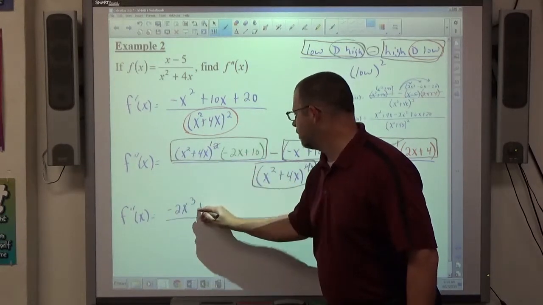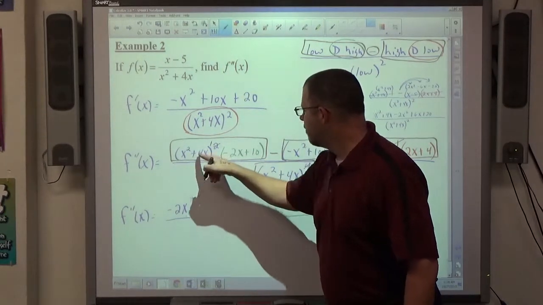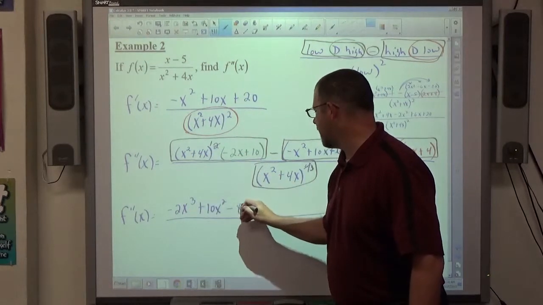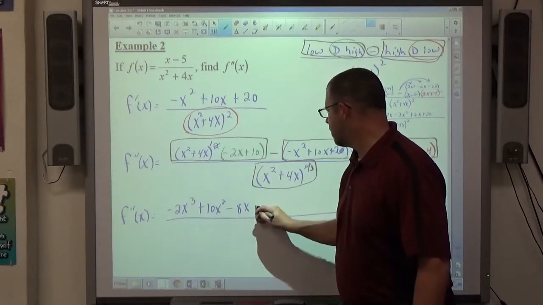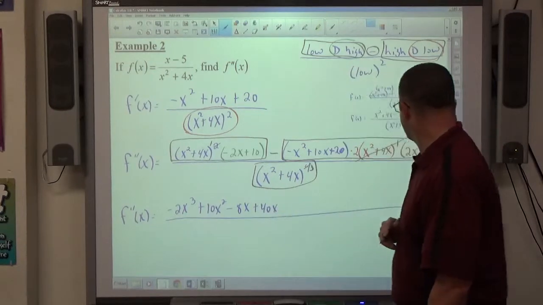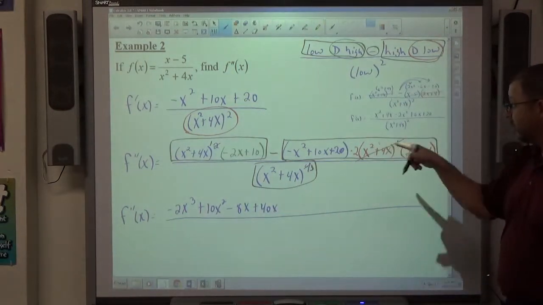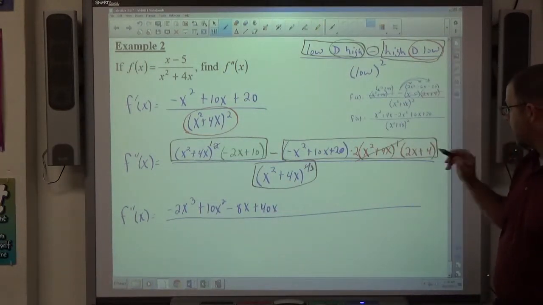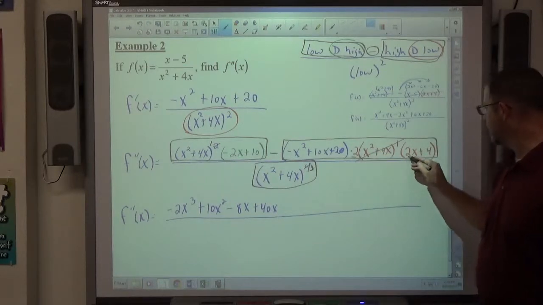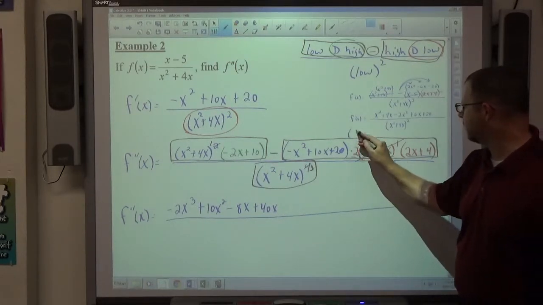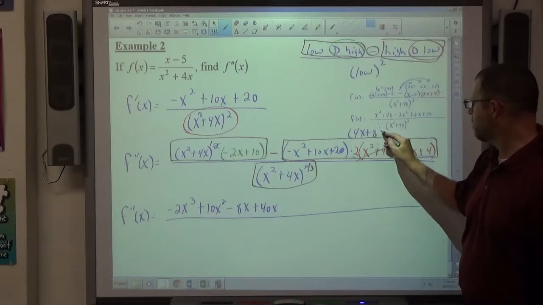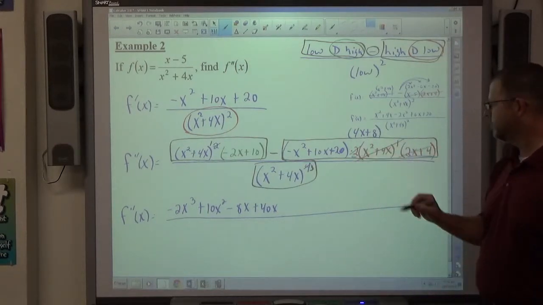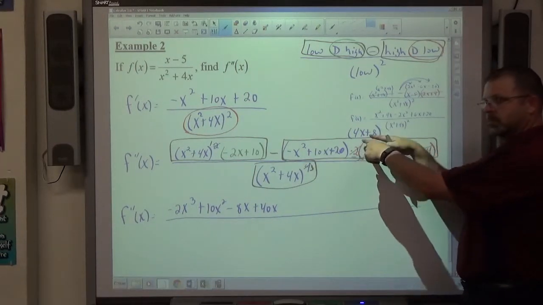X squared times 10 is plus 10x squared. 4x times negative 2x is minus 8x. 4x times 10 is plus 40x. For this one here, I would say that's 2 times this, so that's going to be 4x plus 8 for these two guys. Everybody see that okay?